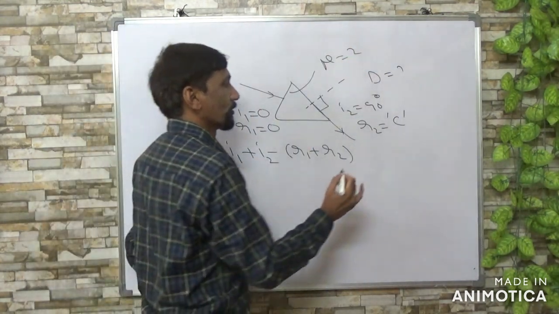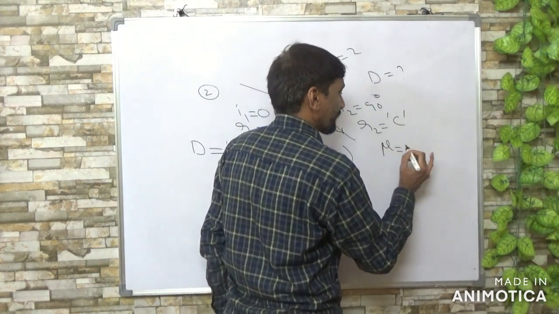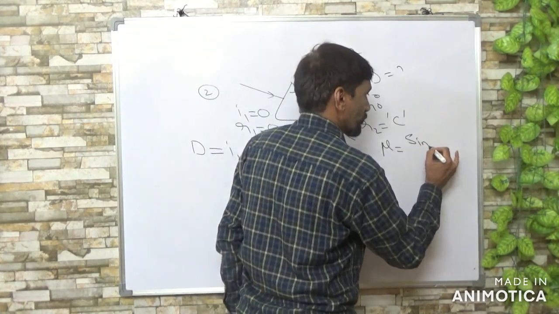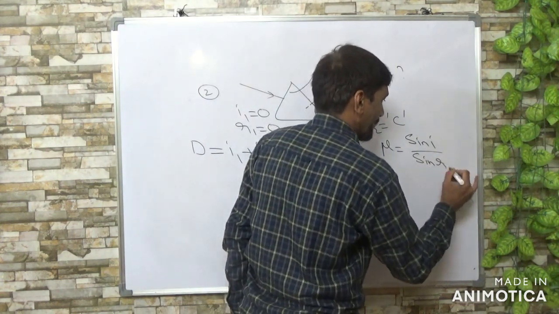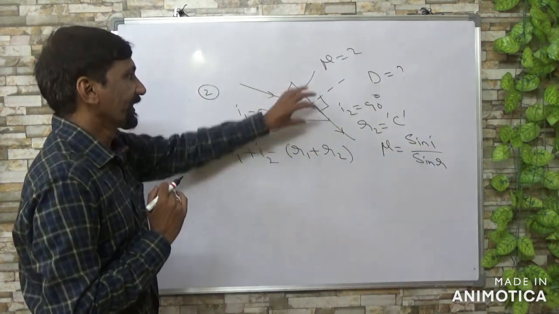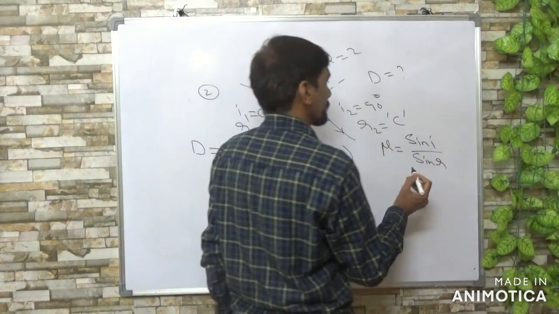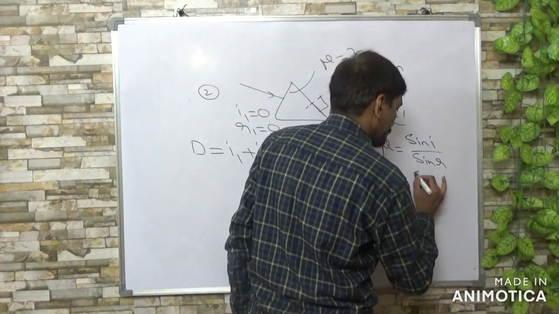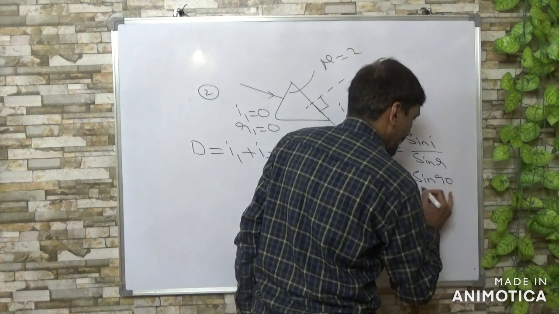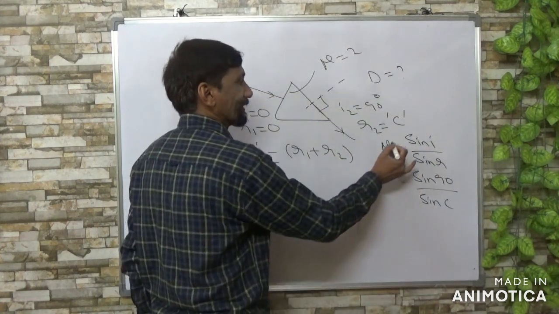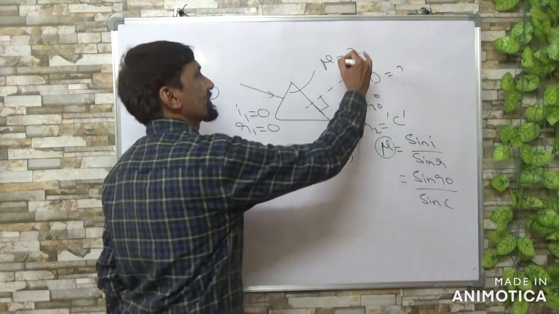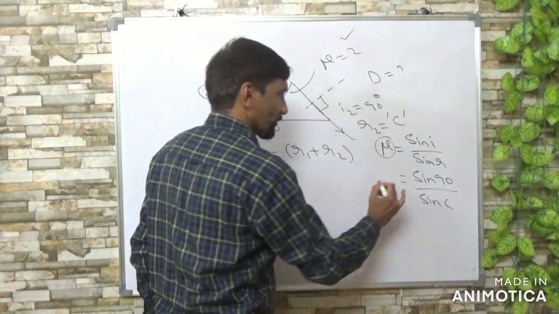So you know the formula for refractive index according to Snell's law, sin I by sin R. So here it is reversed, so it is nothing but sin 90 by sin of the critical angle. In this problem, the refractive index is known to us, 2.